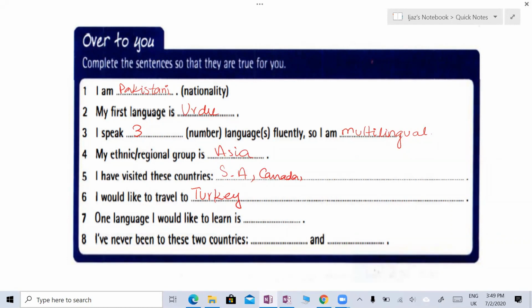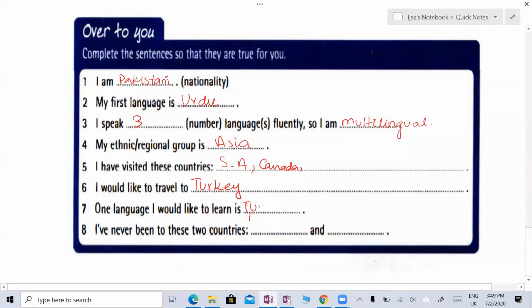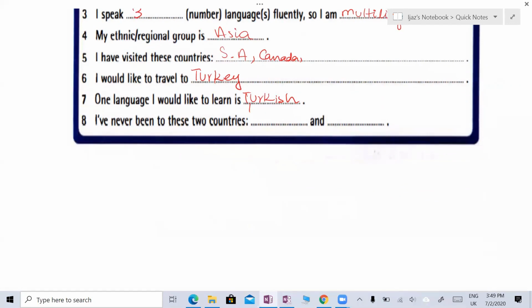Yeah, that's right. One language I would like to learn, Turkish. Okay, that's the language maybe in future would like to learn. Arabic, yeah, Anis, I already know Arabic. So after teaching you English, I will teach you Arabic.